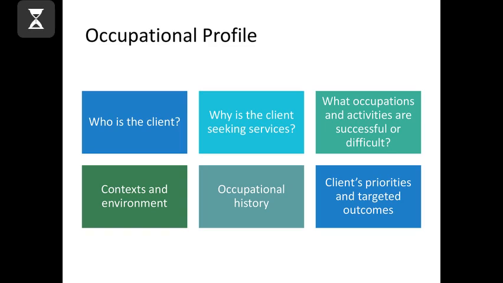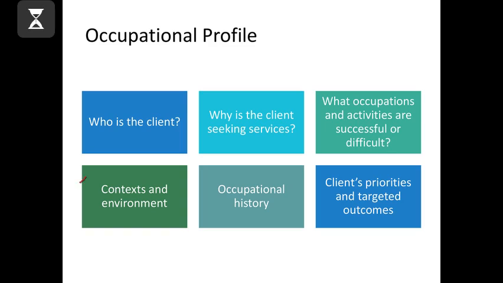Finding who is the client. Why is the client seeking services? What occupations and activities is the client or child successful in or having difficulties with? Contexts and environment. You remember that the context can be the physical, there are different contexts, right? And the environment, what location.